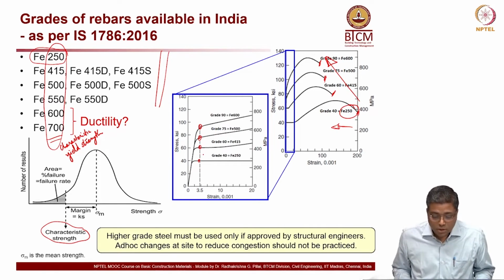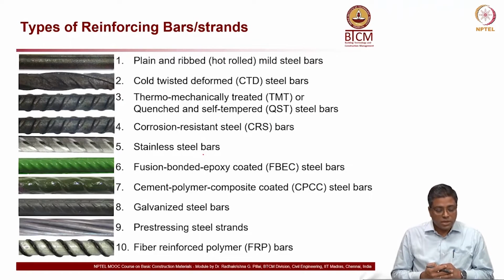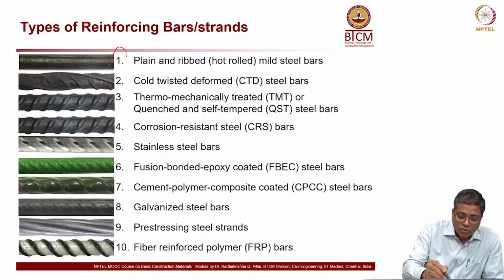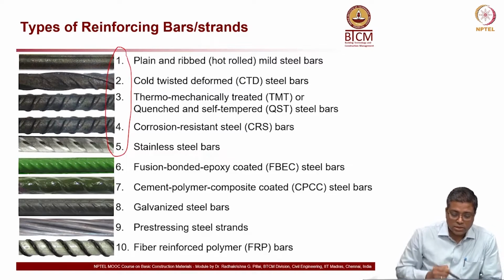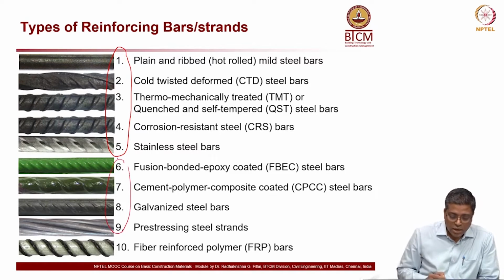Now, these are the different types of reinforcing bars and strands available in the market. The first 1 to 5 we will cover today in this lecture. In the next lecture we will cover 6, 7, 8 and 9, and 10 we will cover in the lecture on composites.